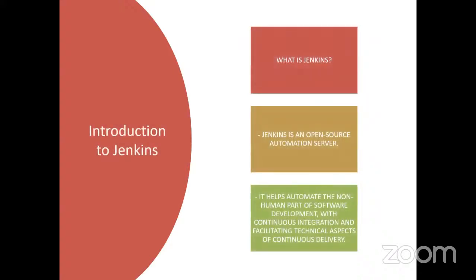Now we are going to see what Jenkins is. We understood DevOps; in DevOps, Jenkins is a kind of automation CI/CD tool. But what is the meaning of Jenkins? Jenkins is an open source automation software. What is the meaning of open source? You do not have to pay anything to use this tool.